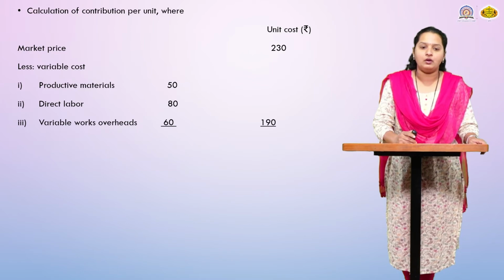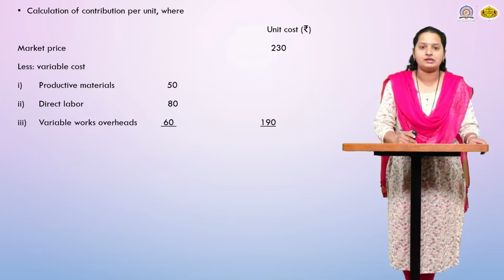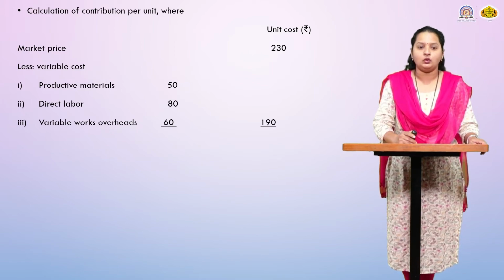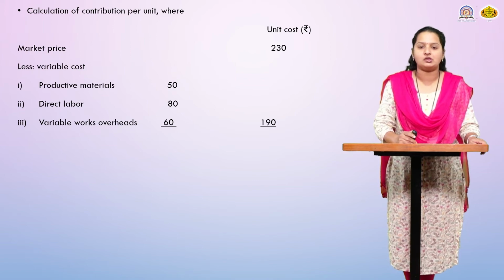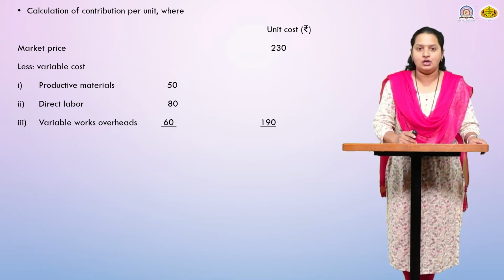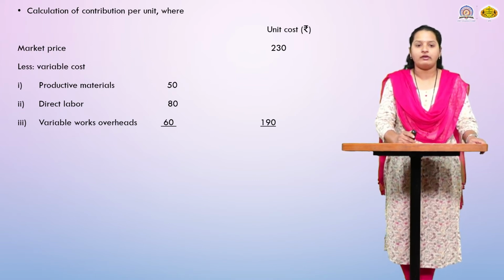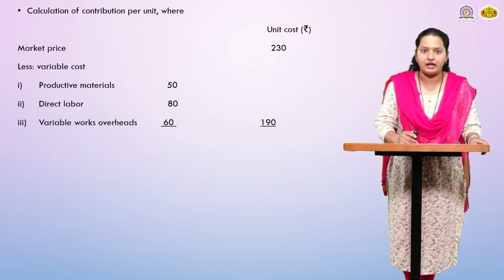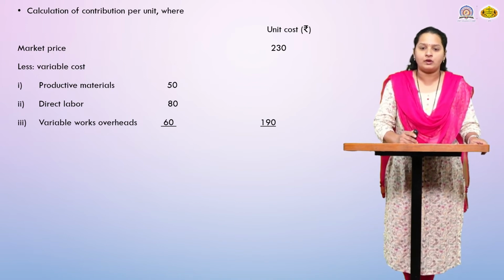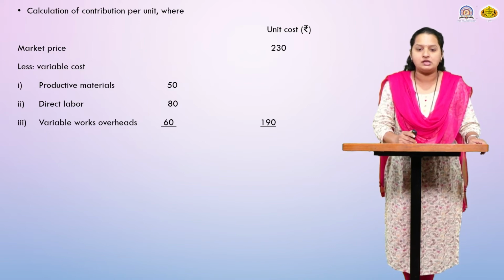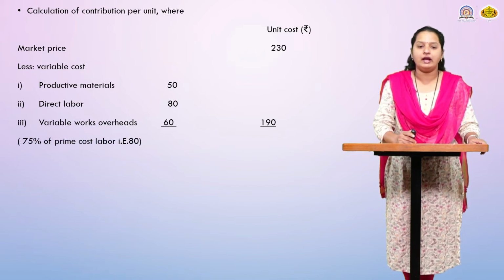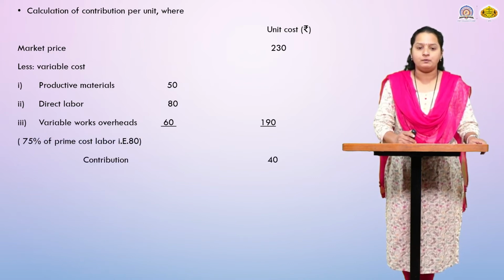Then we have variable works overheads of rupees 60, and the total variable cost comes to rupees 190. So we will deduct this total variable cost from our market price, which is our selling price. So 230 minus 190, and we will get the contribution as rupees 40.